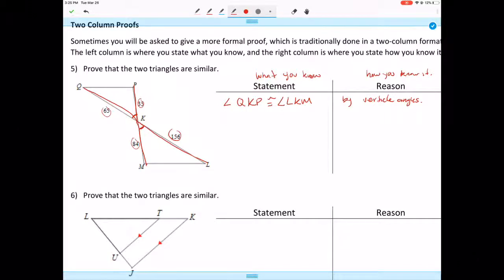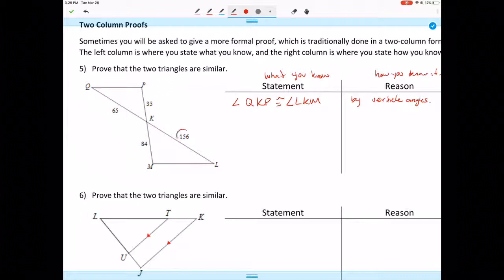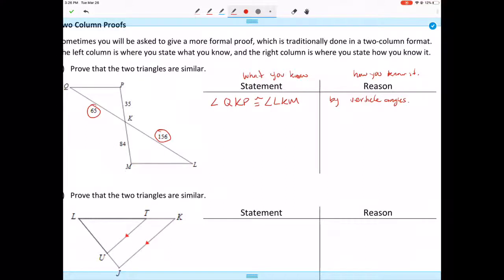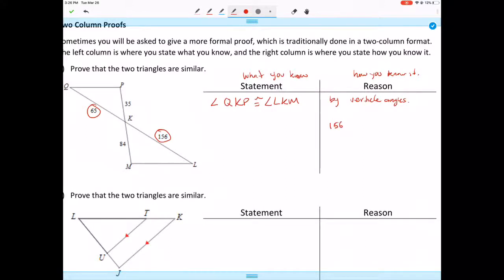All right, next we also need to prove that the 2 sides are proportional to each other. All right, so how we would maybe do that is we would choose our largest side and our largest side, and this is going to be our reason. So we can do 156 divided by 65, that gives us 12/5 if you simplify.